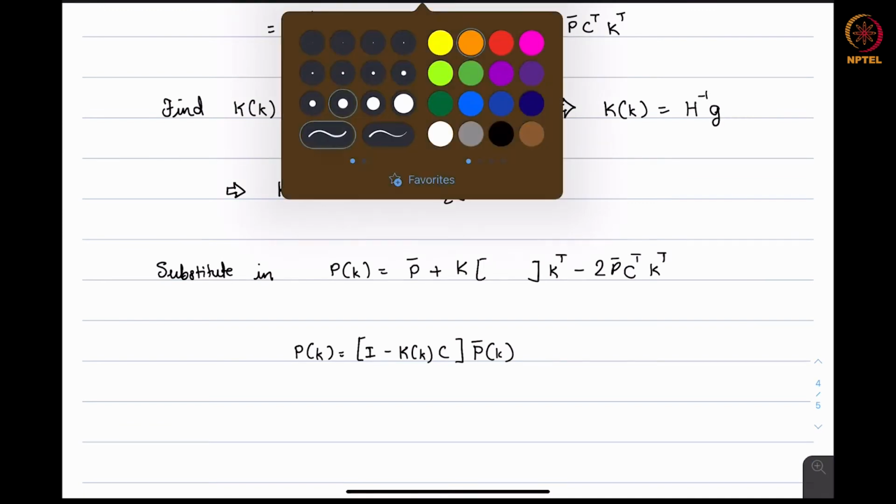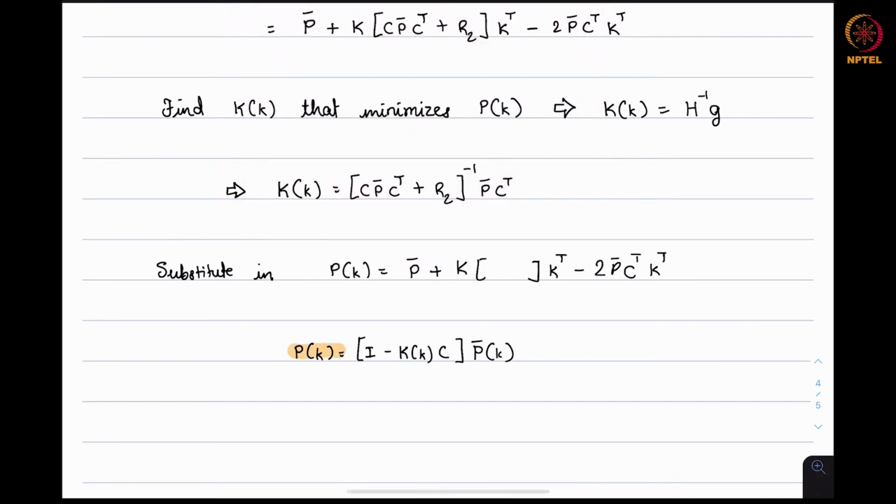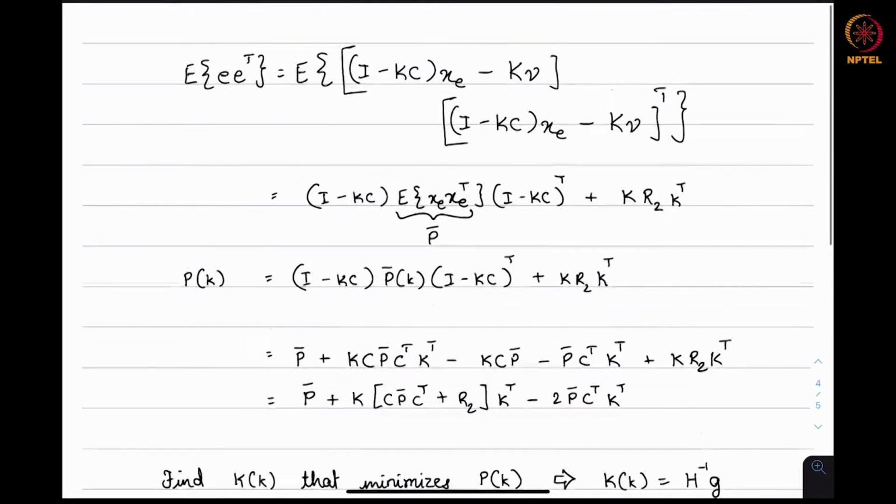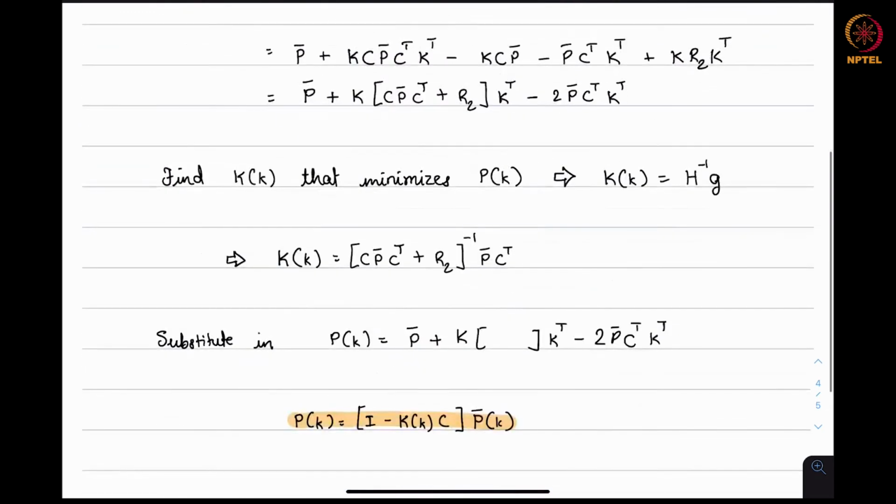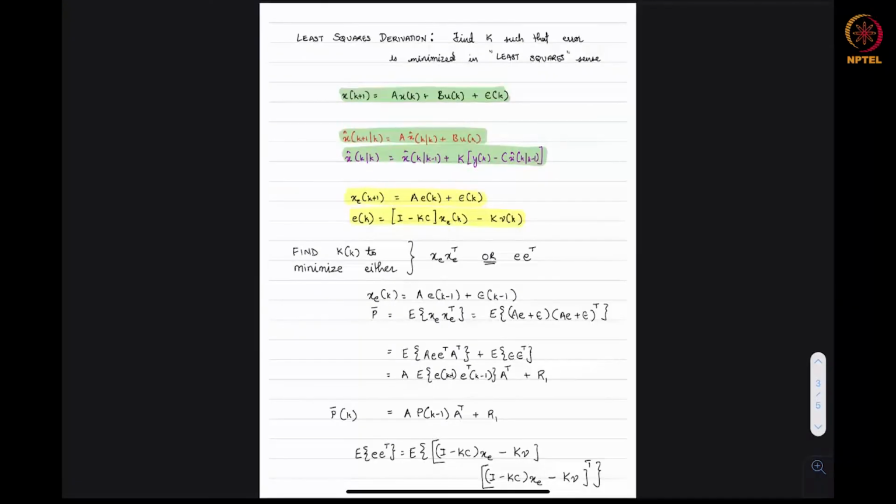So I will highlight them. So this is one equation, this is the other equation, and the third equation is this guy.